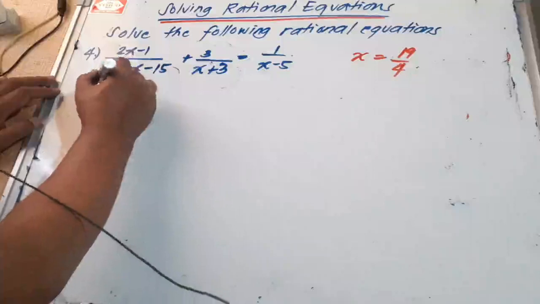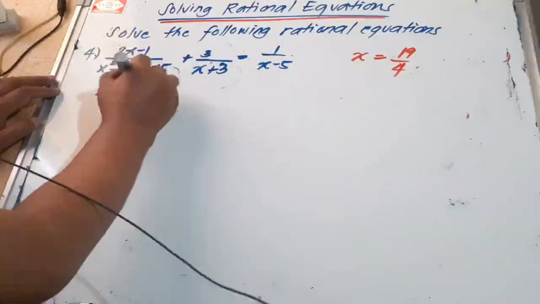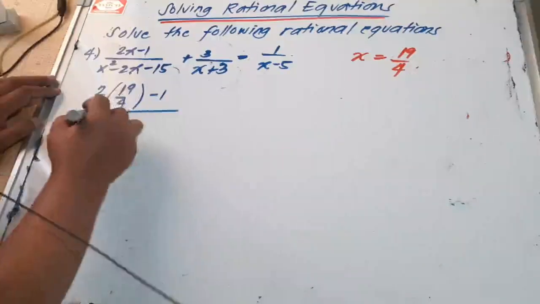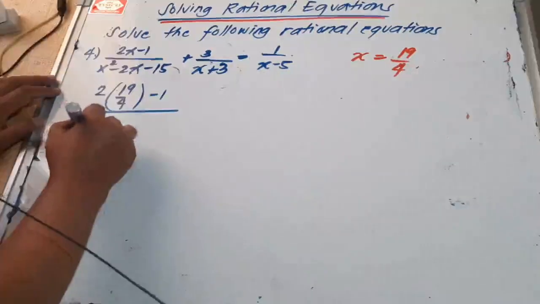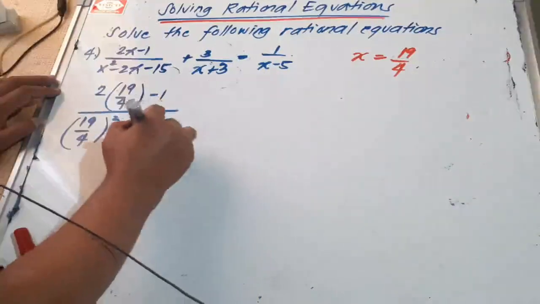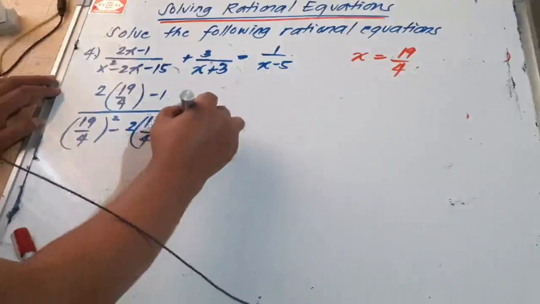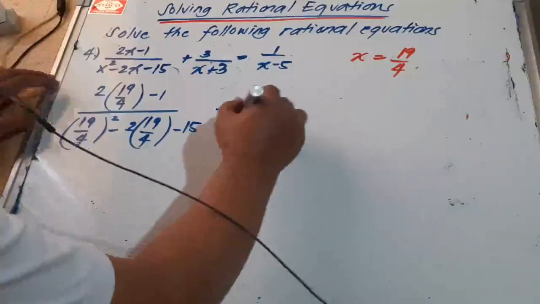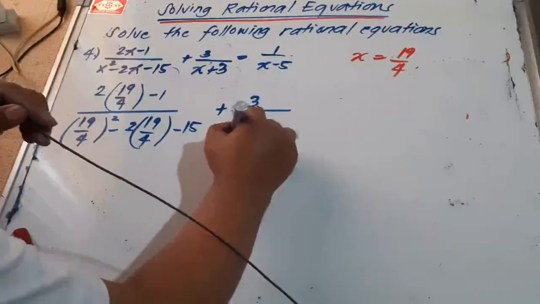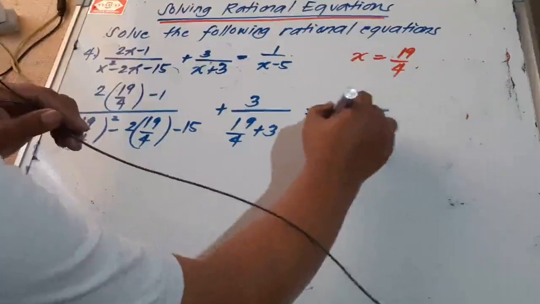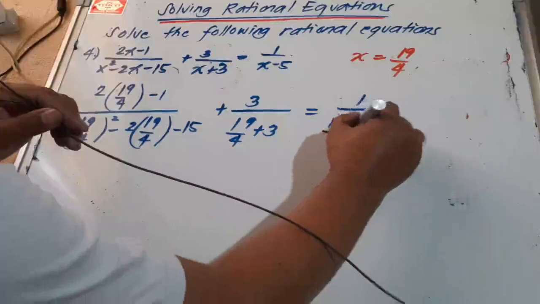So we have 2 times 19 over 4 minus 1 all over (19 over 4) squared minus 2 times 19 over 4 minus 15 plus 3 over 19 over 4 plus 3 equals 1 over 19 over 4 minus 5.